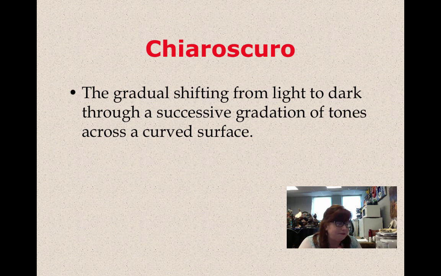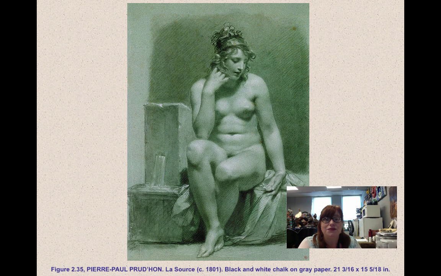So when you've got a picture with chiaroscuro, chiaro means light, scuro means dark. So right there, literally light to dark. By using a very subtle succession of grading your tones, you can create the illusion of 3 dimensions.